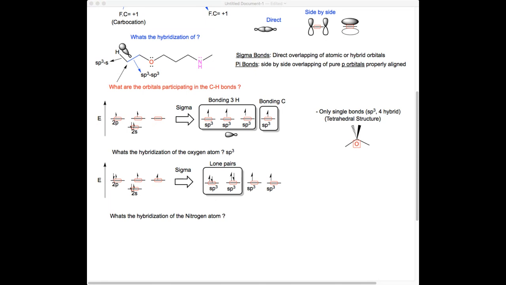Please answer the question. Is it in a p orbital? Is it in an s orbital? Is it an sp3, sp2, an sp? What do you guys think?